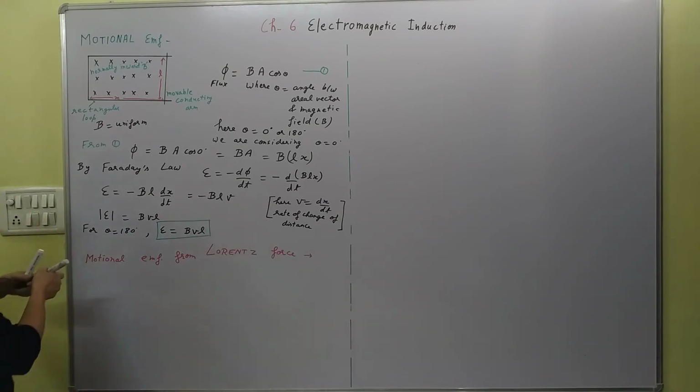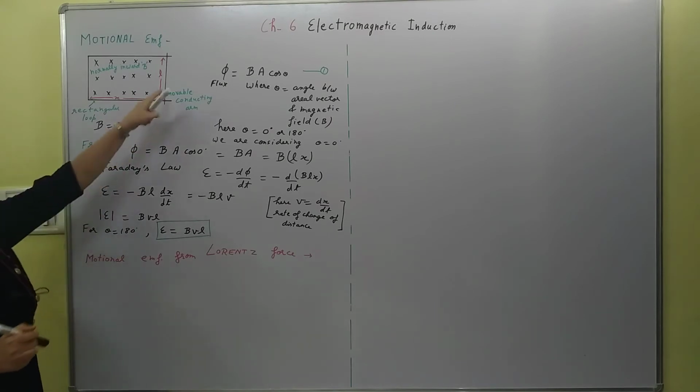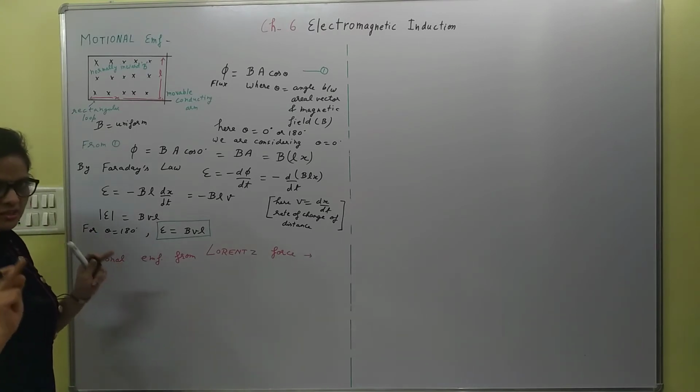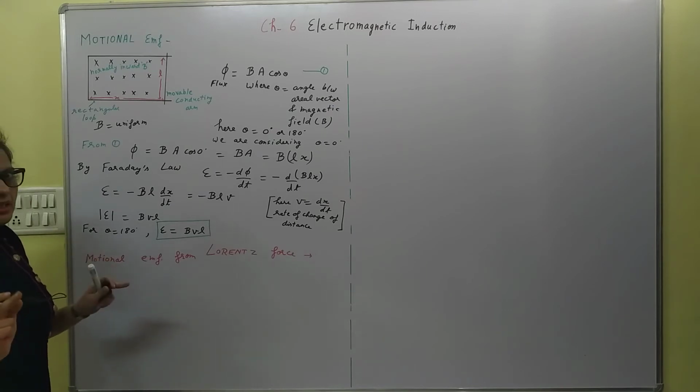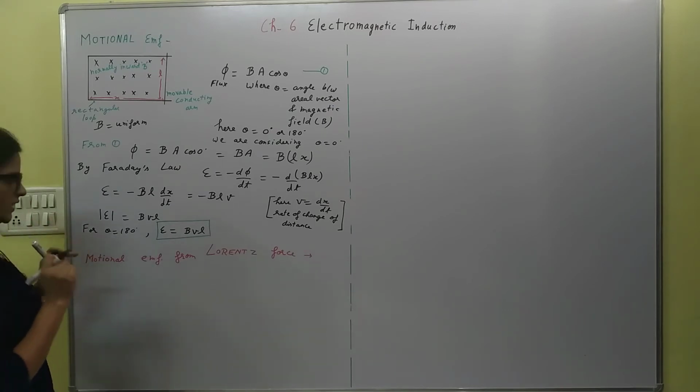We know that in this diagram the rod is moving, so the electrons in the rod will move under the effect of the Lorentz force, or you can say the electrons in the conducting rod which is moving will experience magnetic Lorentz force due to the motion of the conductor.